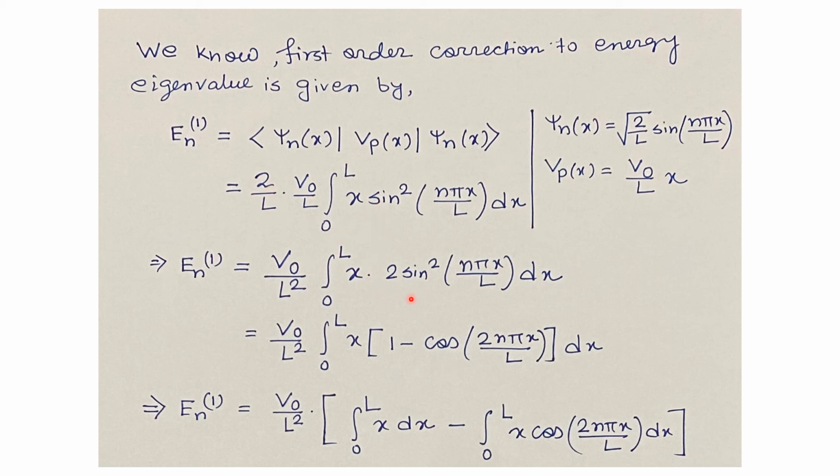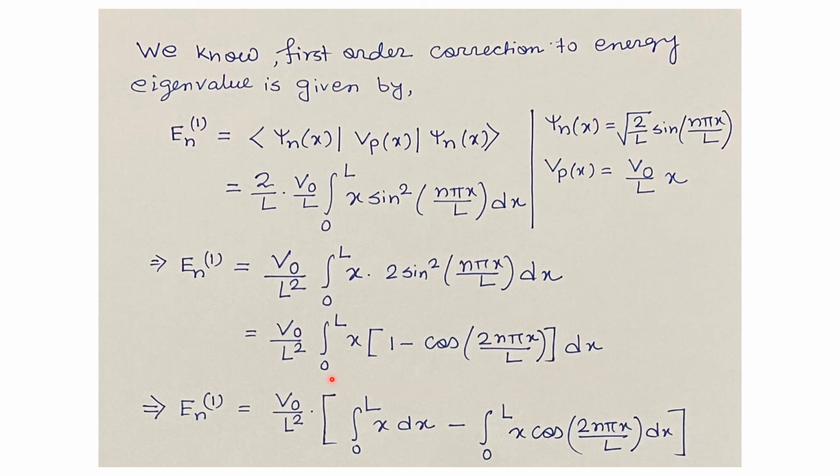So this will basically give 2 sine square n pi x by L. Now we know 2 sine square theta equals 1 minus cos 2 theta. So we will just apply that trigonometric formula here. So this will give first order energy correction En1 equals V0 by L square times integration 0 to L x times 1 minus cos 2 n pi x by L times dx.